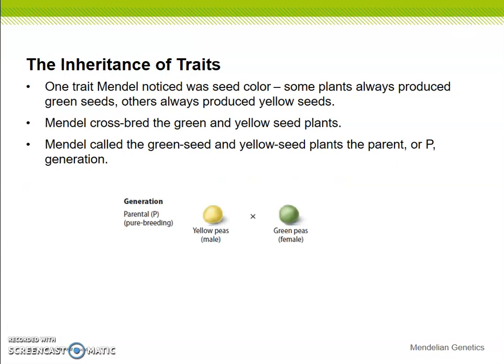The inheritance of traits. One trait that Mendel noticed was seed color. Some plants always produced green seeds, while some always produced yellow seeds. So Mendel crossbred the green and the yellow seeded plants.